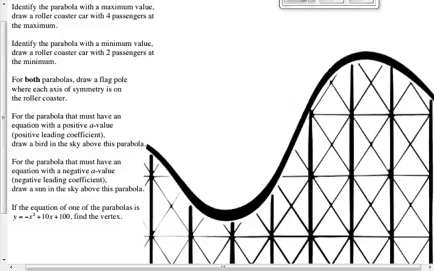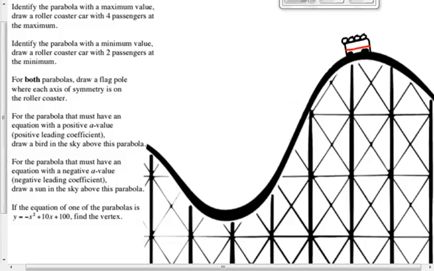I need to draw a roller coaster car with 4 passengers at the maximum. 1, 2, 3, 4. There's a wheel. There's a wheel. And we'll just put a stripe on it for fun times. Okay.